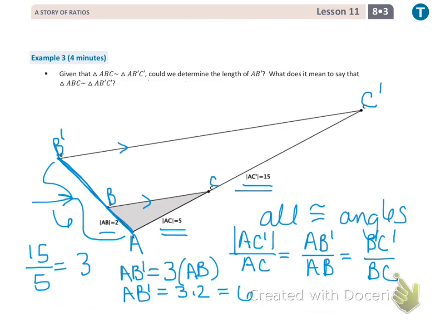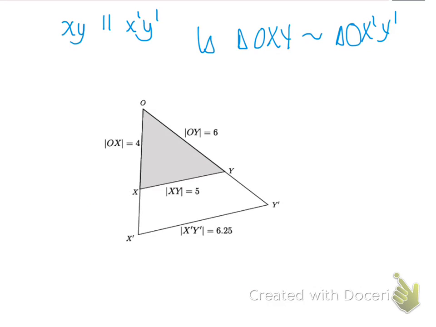Okay, another one. In this next example, here's our diagram. We are told that segment XY and X prime Y prime are parallel. And we're asked, is triangle OXY similar to triangle OX prime Y prime?